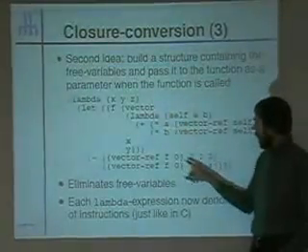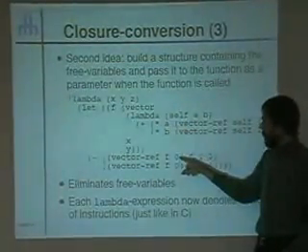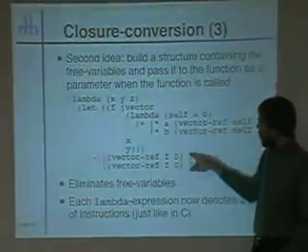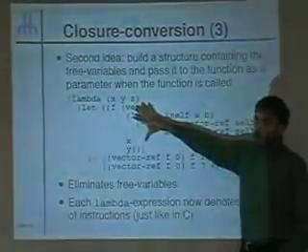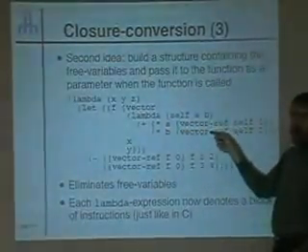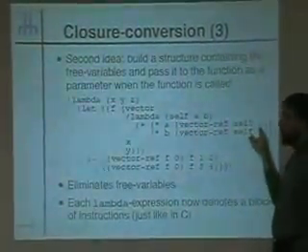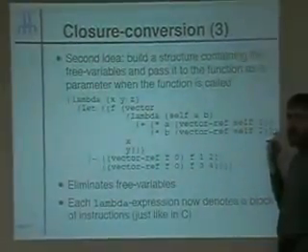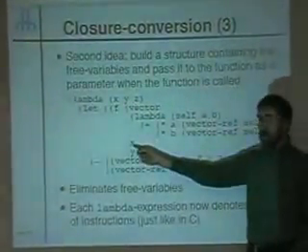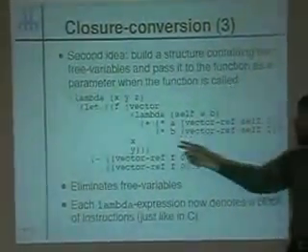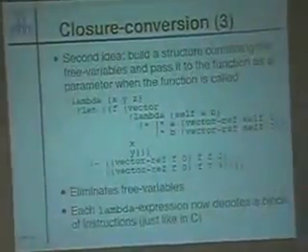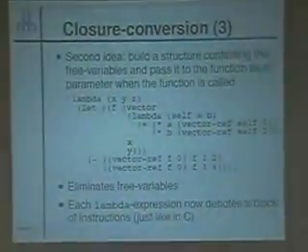We pass f as a parameter, so self will receive the vector. Within the body, we can access in second position the value of x, and in third position the value of y. This is basically closure conversion.